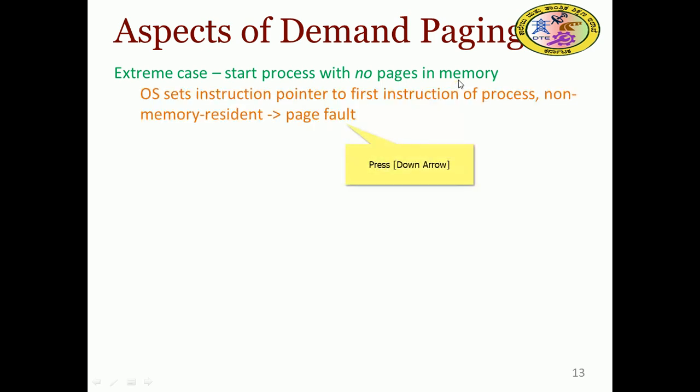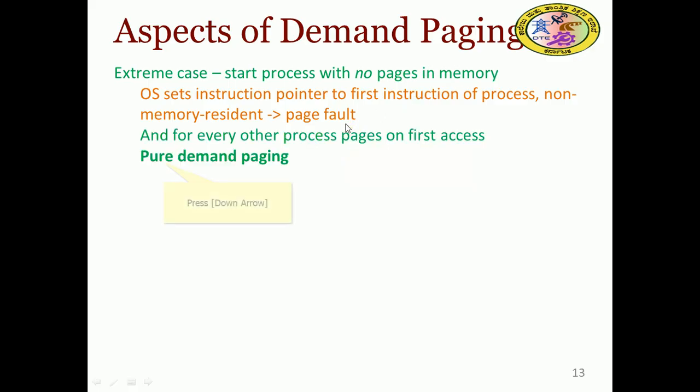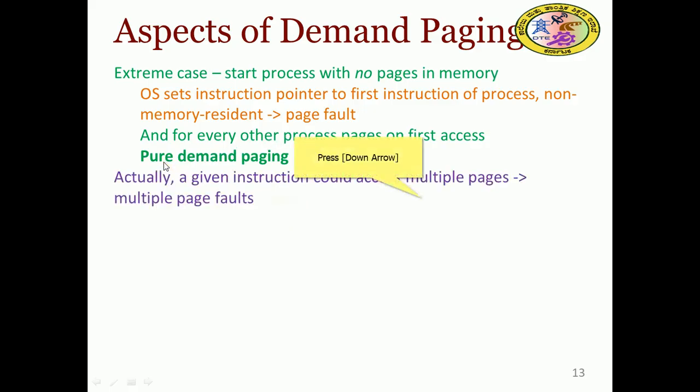The aspects of demand paging. In the extreme case, we start a process with no pages in memory. The operating system sets the instruction pointer to the first instruction of the process, which is non-memory-resident, so that is a page fault, and for every other process page on first access, the pure demand paging concept is exercised.